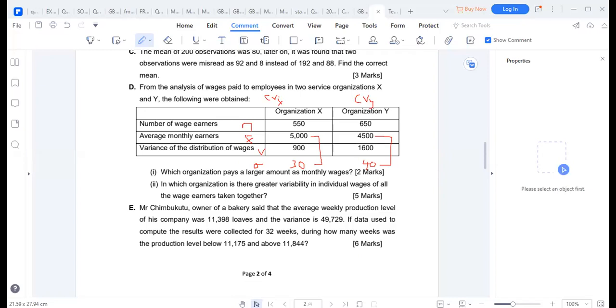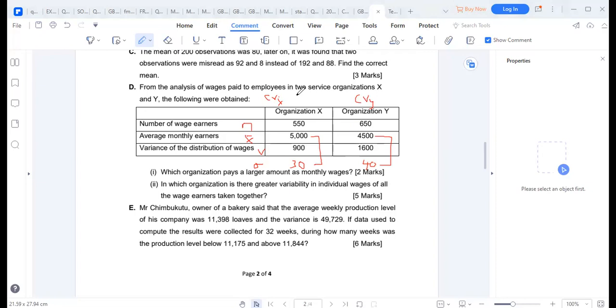What did you get for company X? We divide 30 over 5,000 times 100.